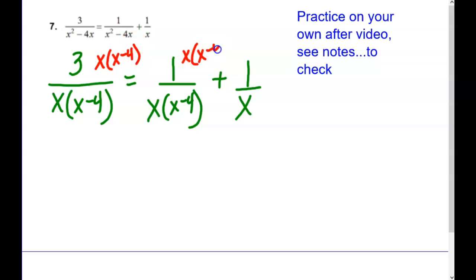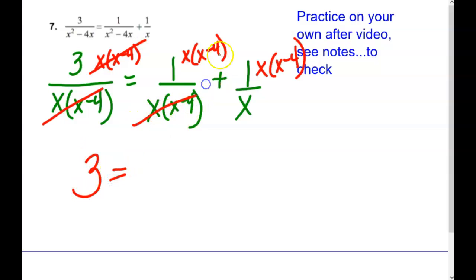So what happens here? What am I left with? I like this question. Finally one. What's left on that side? 3. What's left here? 1. What's left here? 1 times x minus 4 is just x minus 4.